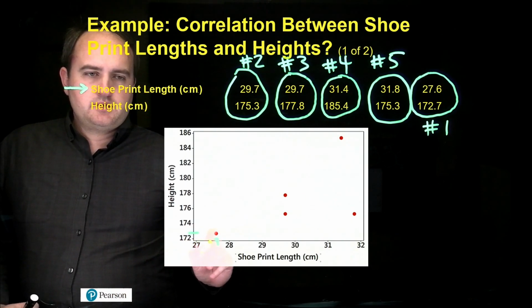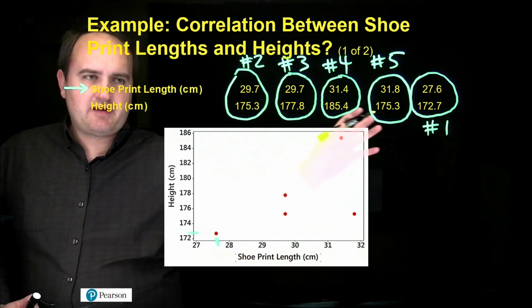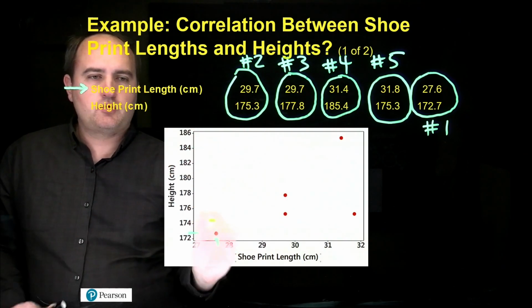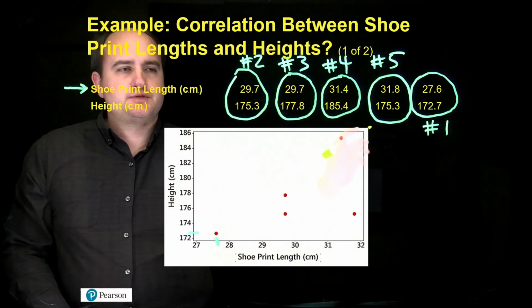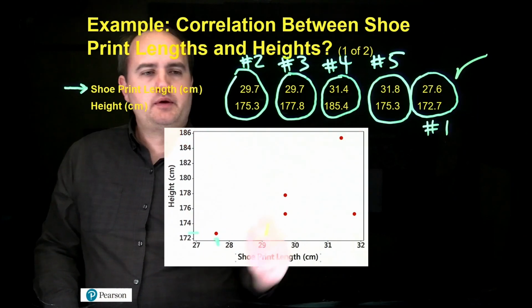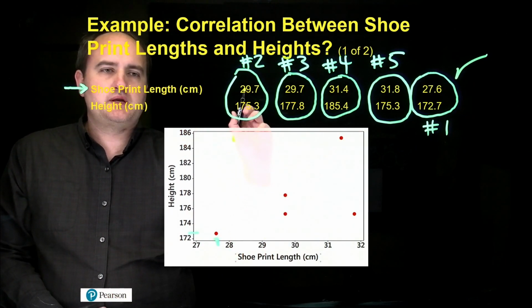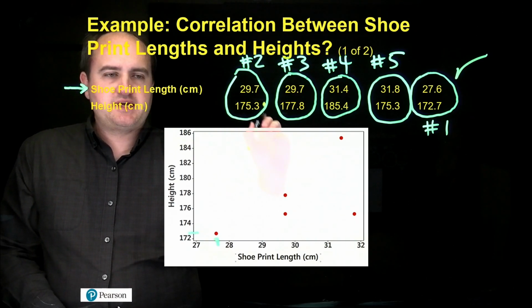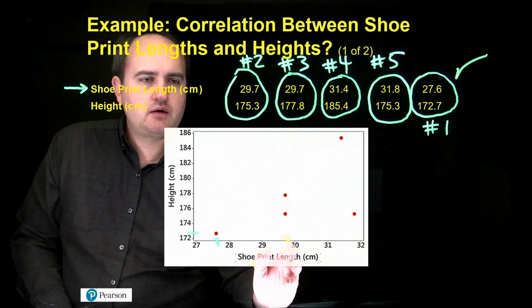Okay? So that's, as you see, once you have them labeled or arranged in order, then you're just going to work from left to right. So we just did number 1, and then we can get all the other points. Okay, so like the next one would be number 2, 29.7 on the x-axis, which is going to be right about there.